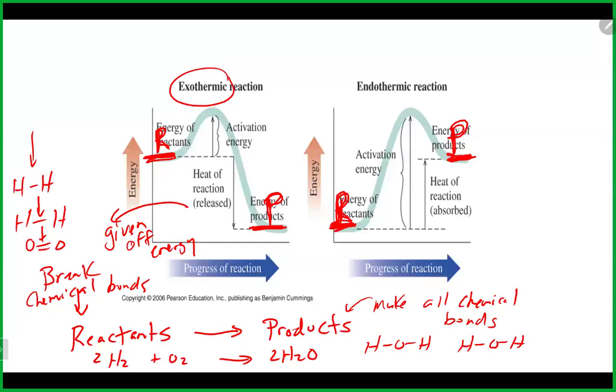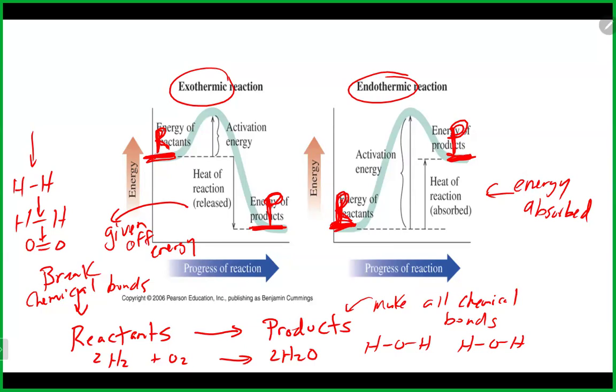The only way our reactants could get up there to our products in this case is energy has to be put in, or energy has to be absorbed. So that is what an endothermic reaction will look like. You will always have your reactants' energy lower than your products. They have to put energy in there to get up there. Any questions on that now?